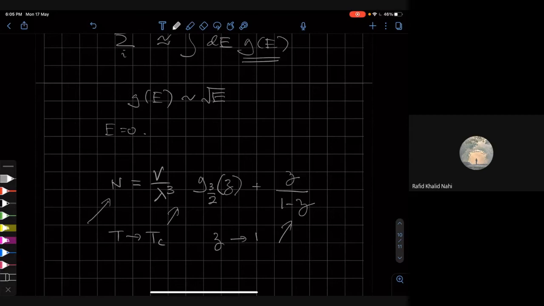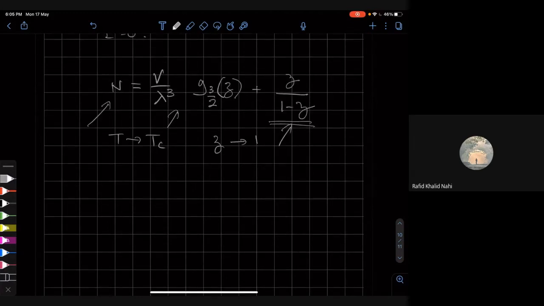Okay, so of course, this thing blowing up is not something that is physical, and you can now invert this relationship to show that as T goes to 0, and actually below T equals Tc, the fugacity goes to this value, where it is 1 minus 1 over N. Okay, so the fugacity takes this value.